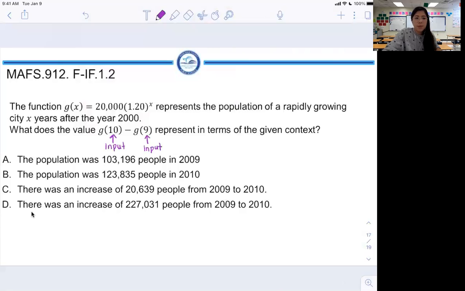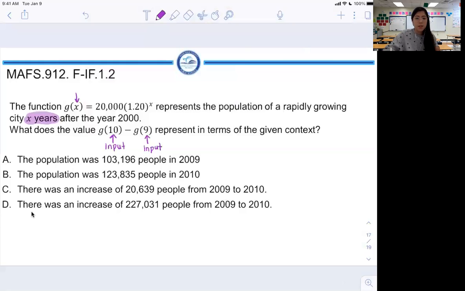Go back to the original function. The original function, the input is a variable, it's x. What does x represent? The years, good.